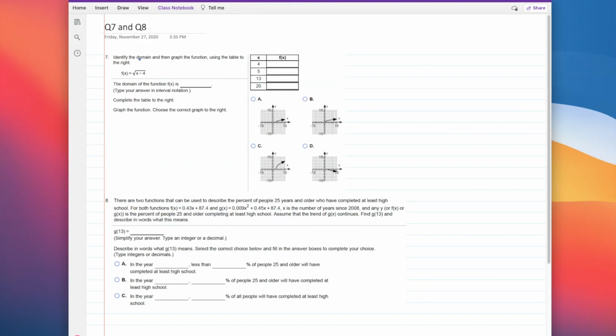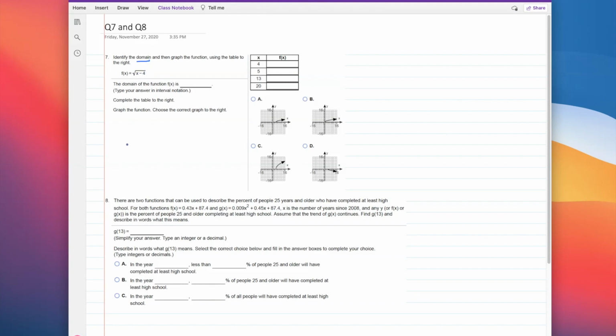Number 7 still asks for the domain. And now instead of a rational function, here I have a radical function. I have to think that if I'm using the real numbers, I have a restriction for the radicand. The radicand for a square root cannot be negative.